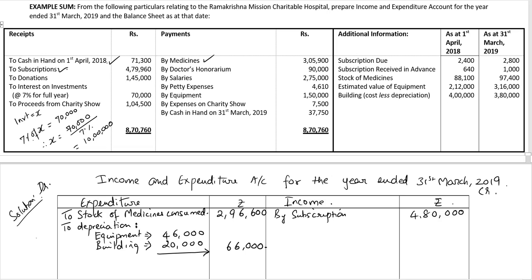The other items which are left out from the receipts and payments account need to be inserted. We have a donation to be taken to the income side. By donation account, 1,45,000 rupees. We have interest on investments which have been received.